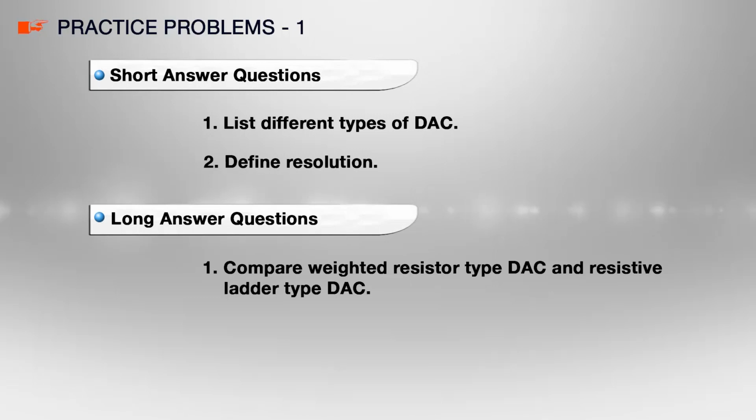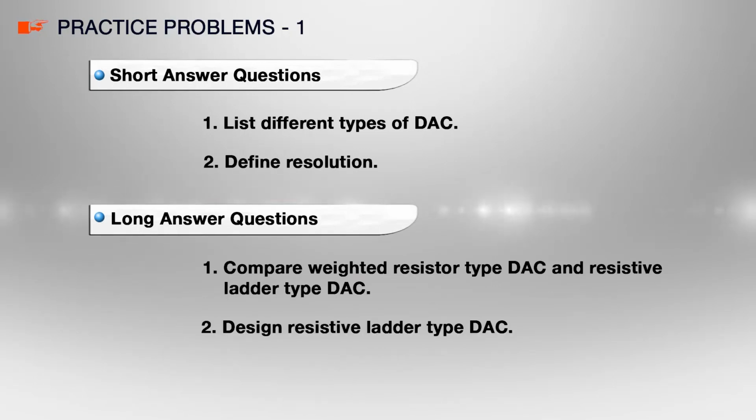Also, there is one advantage of weighted resistor type DAC, that conversion speed is higher compared to resistive ladder type DAC. So, in this question you can explain the circuit of both the types and also compare their advantages and disadvantages.